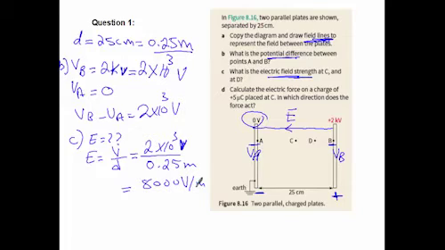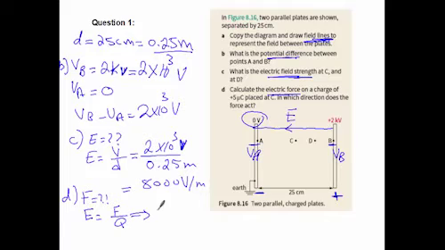Okay, in part D, calculate the electric force. So they need what? Force. The electric force on a charge, any charge here in the field, should be affected by a force, which is electric force. And we know E equal to force divided by charge.